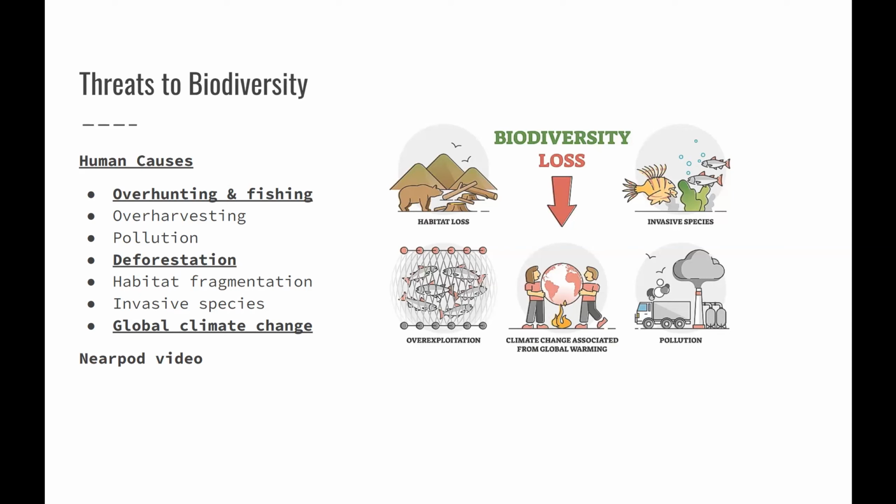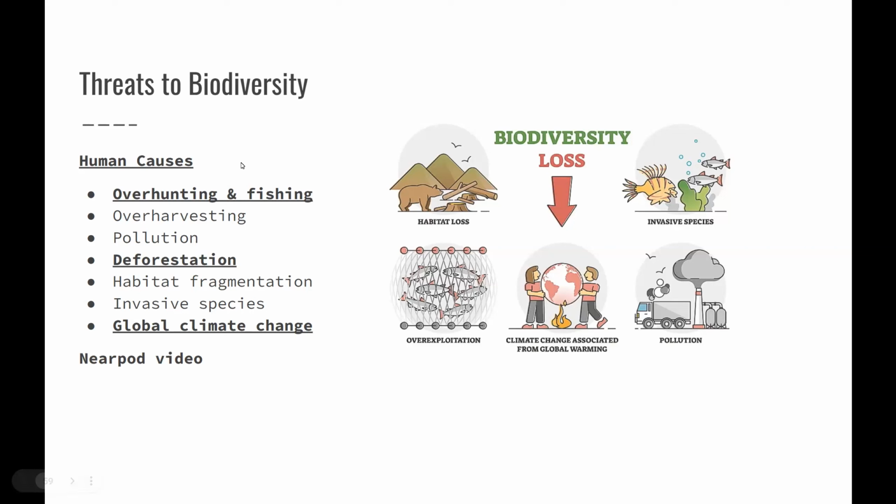And then we've talked about these other things, deforestation. If we cut down too many of the trees, that is leading to excess carbon dioxide in the atmosphere. Pollution is putting excess carbon dioxide in the atmosphere, and that is causing that greenhouse effect, which is causing global climate change.